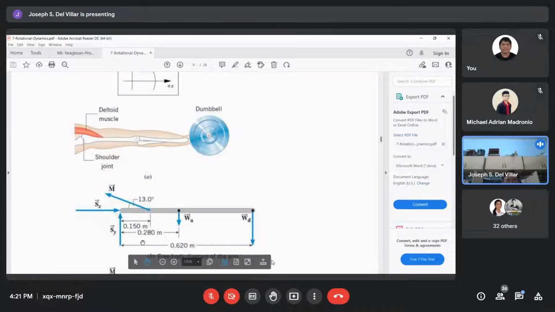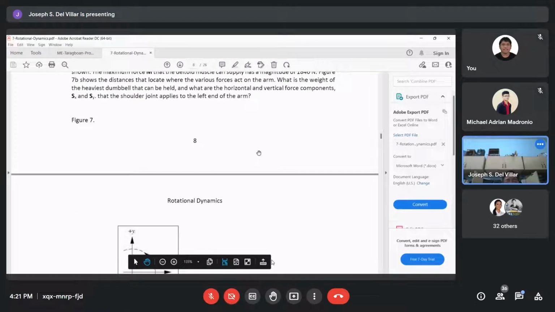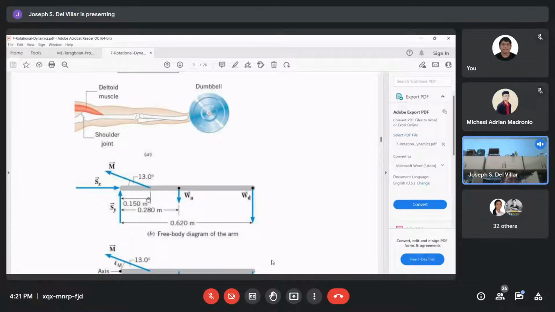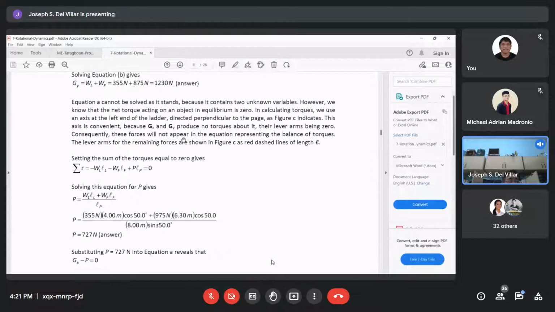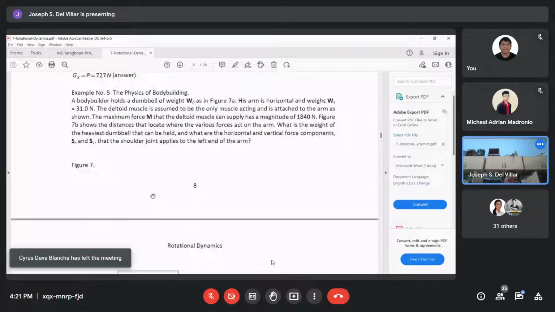And S of X and S of Y are the horizontal and vertical components of the shoulder joint force. Okay? Eto. Yung parang kanina, yung GX tsaka GY doon sa ladder, di ba? Parang ganito siya. Okay? So ganun din sa shoulder.